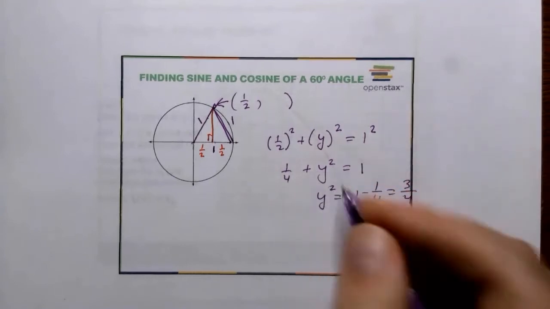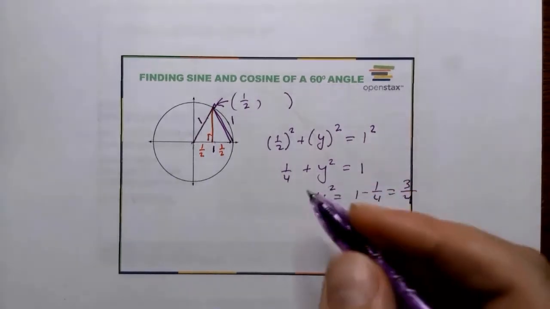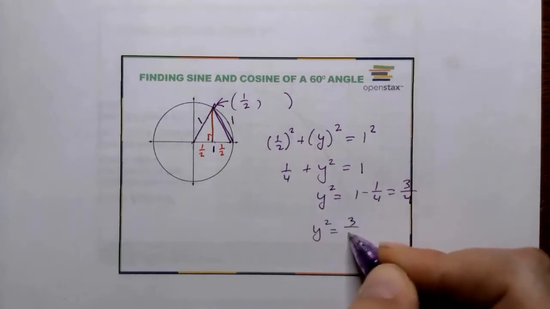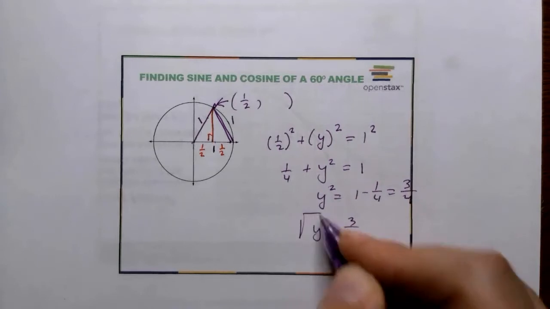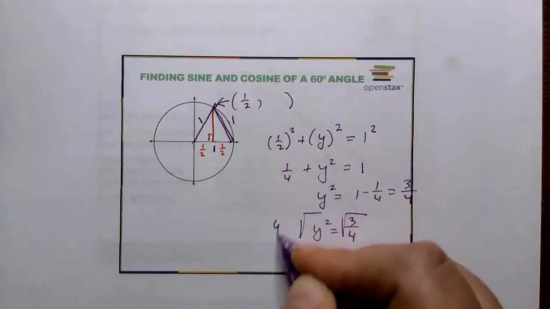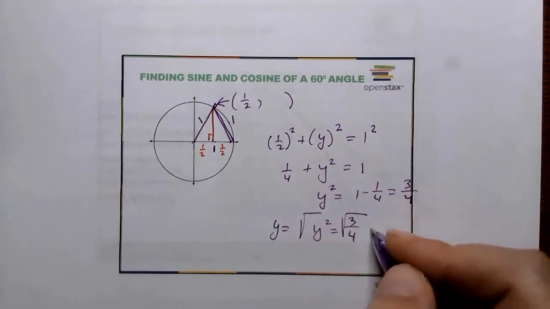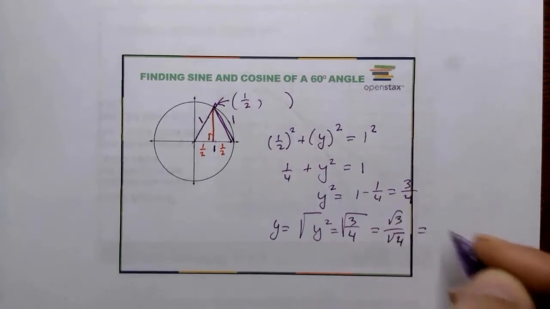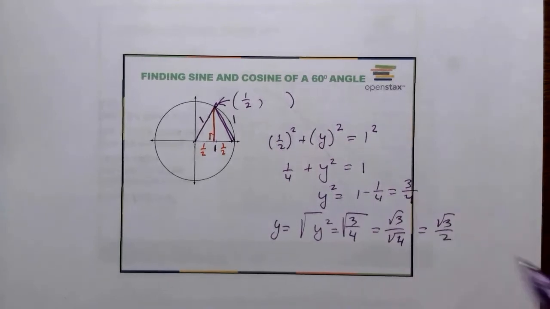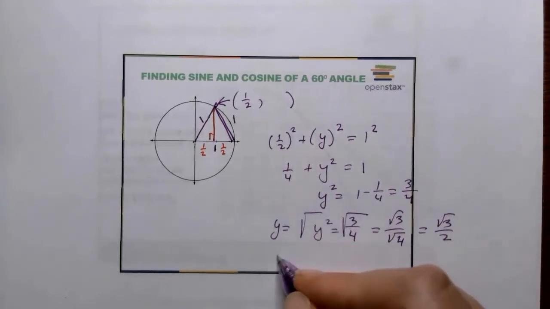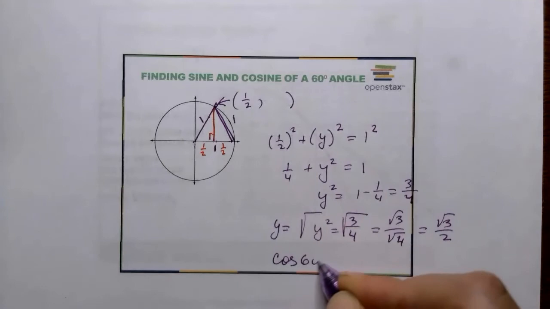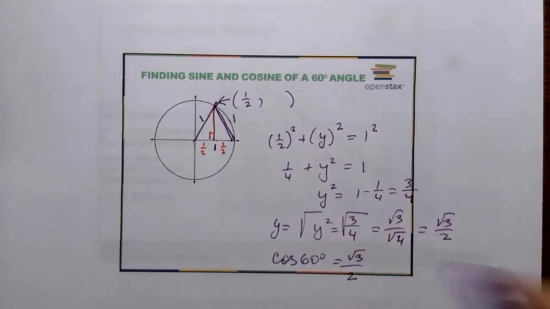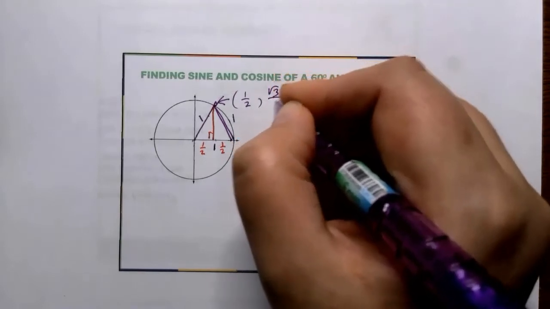And then when we unsquare it to get just y by itself, this is going to be square root of 3 over the square root of 4, or just square root of 3 over 2. So the y, or the sine of 60 degrees, is also square root of 3 over 2. Here we go.